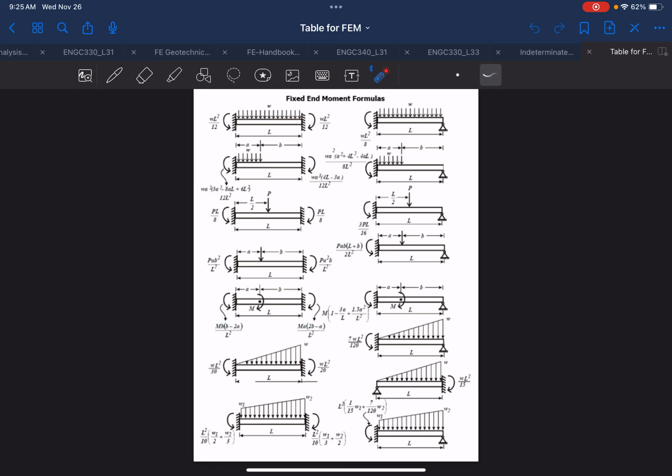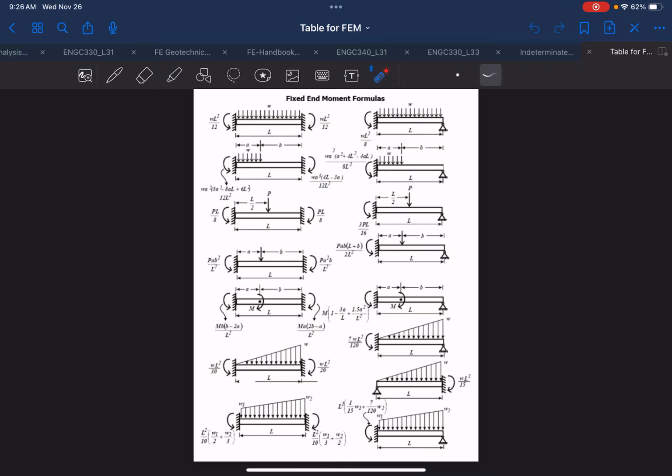Also, in your FE exam, and I believe in your class exam too, most of the loading will be given to you in a familiar form. Anything complicated might not be worth it, because if there's complicated loading, you'll be using software.